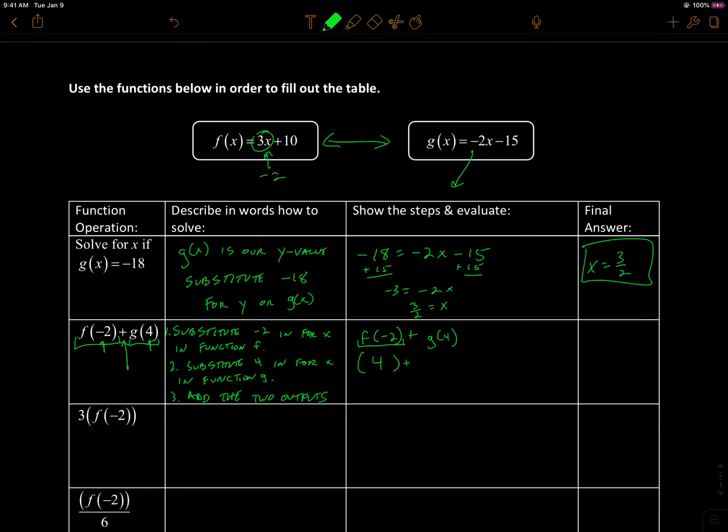So this whole thing becomes 4. g of 4, when I plug 4 in for x here, 4 times -2 is -8. -8 minus 15 is -23. Now I can add 4 plus -23 and get -19. Okay, so our final answer is -19.